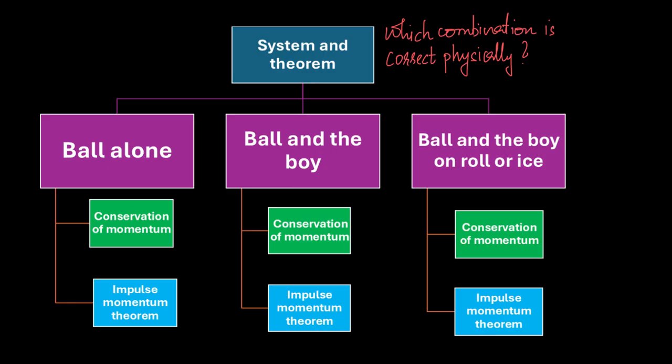Can we use all of them in all the scenarios, or do we have restrictions based on whatever we have discussed so far? That's what I would request you to think about, and then maybe discuss among yourselves. We have the ball alone. Is F external equal to 0, or is it not? In which case can we apply conservation of momentum, or should we choose the impulse momentum theorem rather? Hope that makes sense.